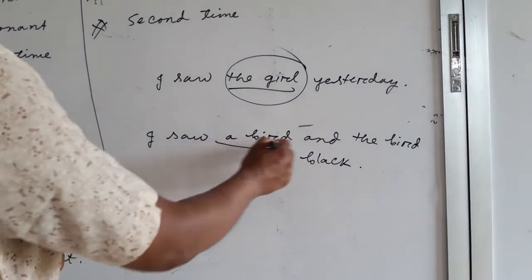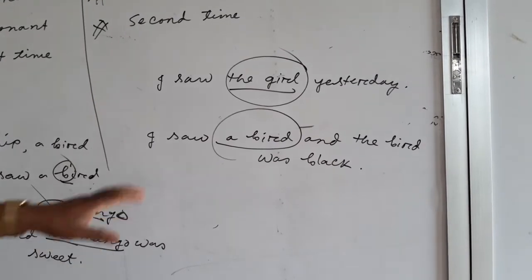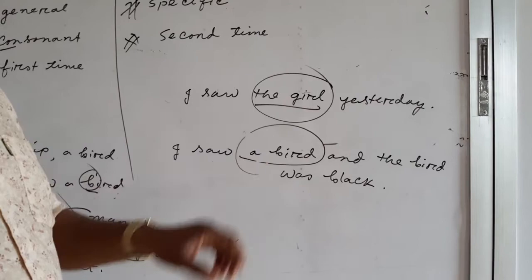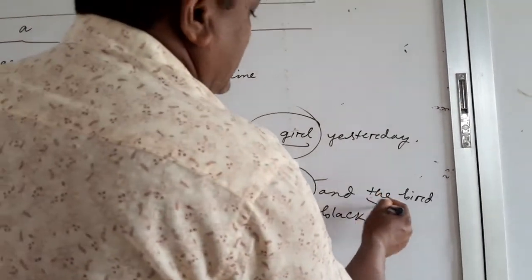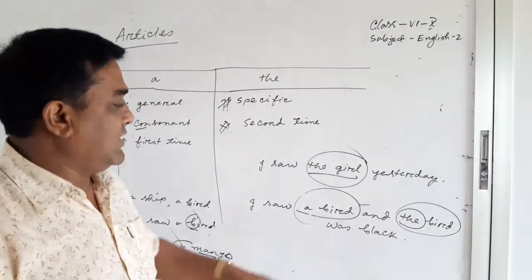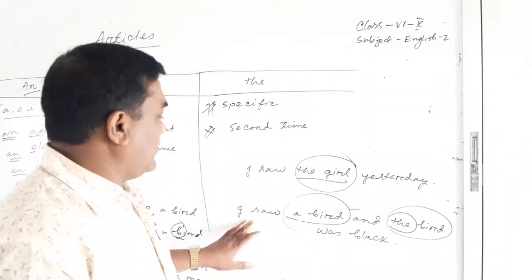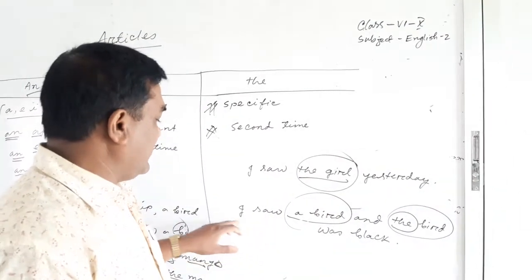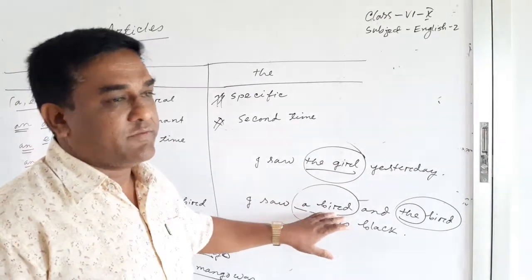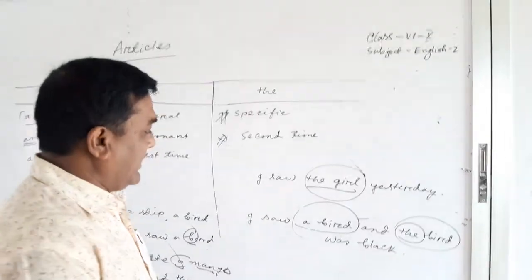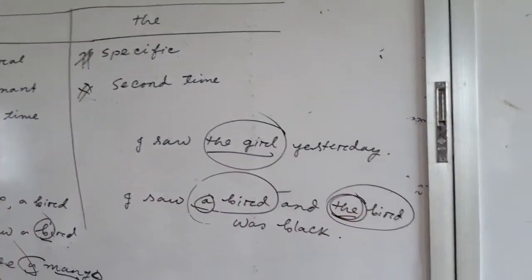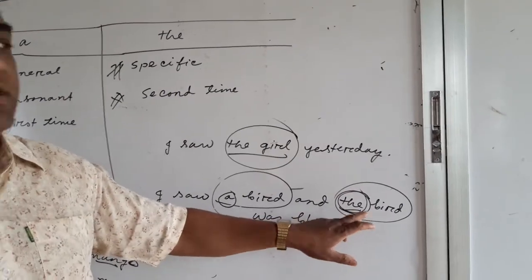Here, a bird, this is the first time I mentioned the bird, so it takes the article A, and here the same bird is mentioned for the second time, so it takes the article the.